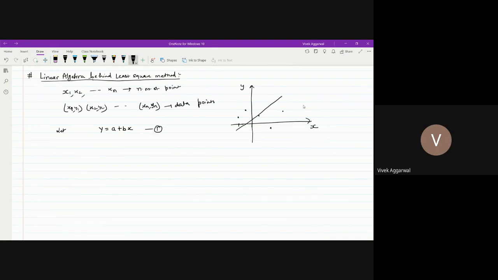Let this line pass through all these points. In that case it should be satisfied by all the points. So a plus b x1 should be equal to y1, a plus b x2 should be equal to y2, and in the end a plus b xn should be equal to yn.